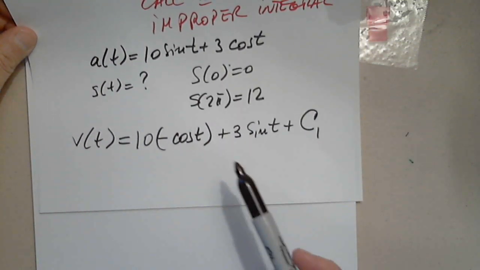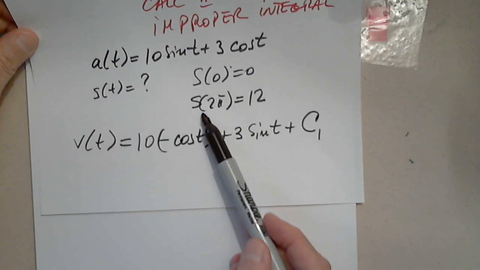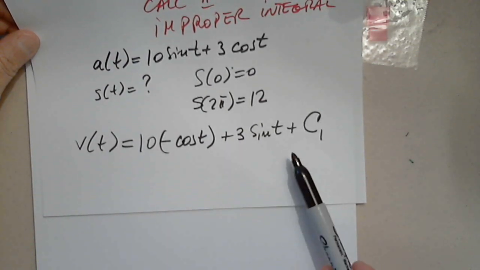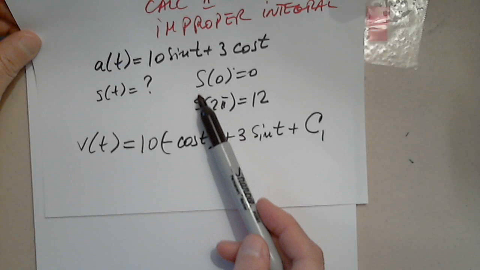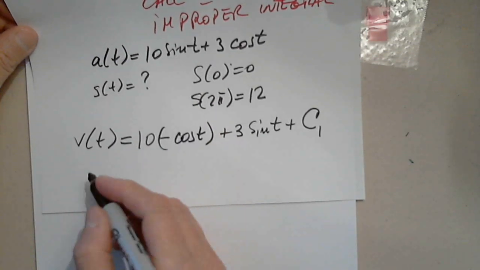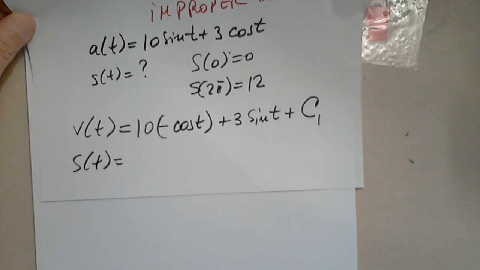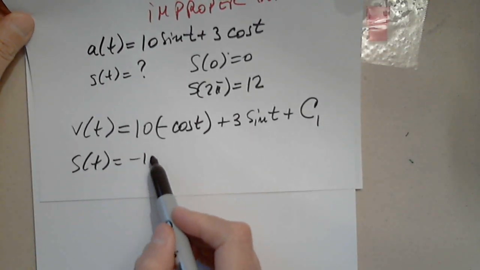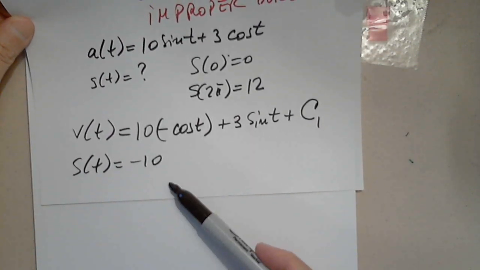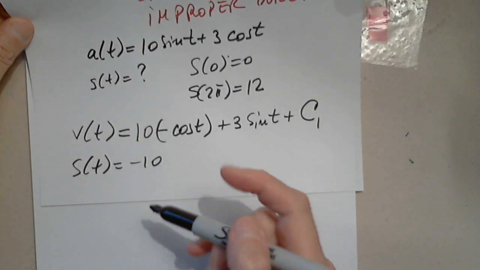I don't have any information about the velocity. I have to continue because I don't have any condition to plug in here. There is nothing given about the velocity. So now I continue finding the antiderivative of the velocity, which is the distance formula. Negative 10 is negative 10. Which function prime is cosine? Well, it's sine.